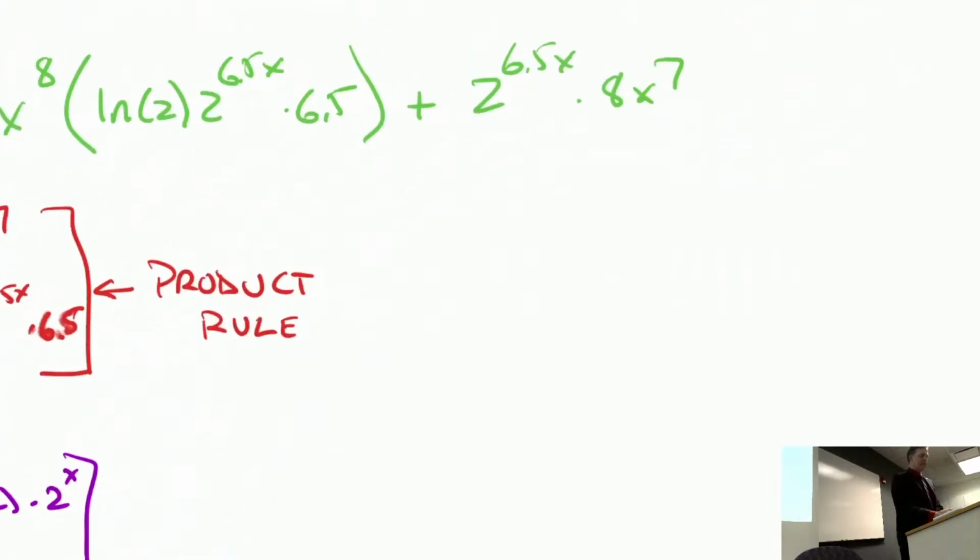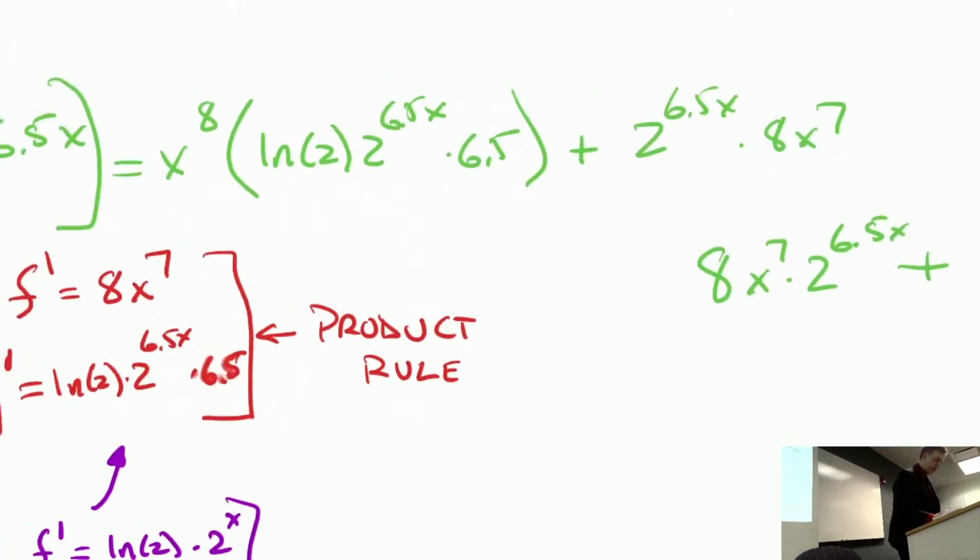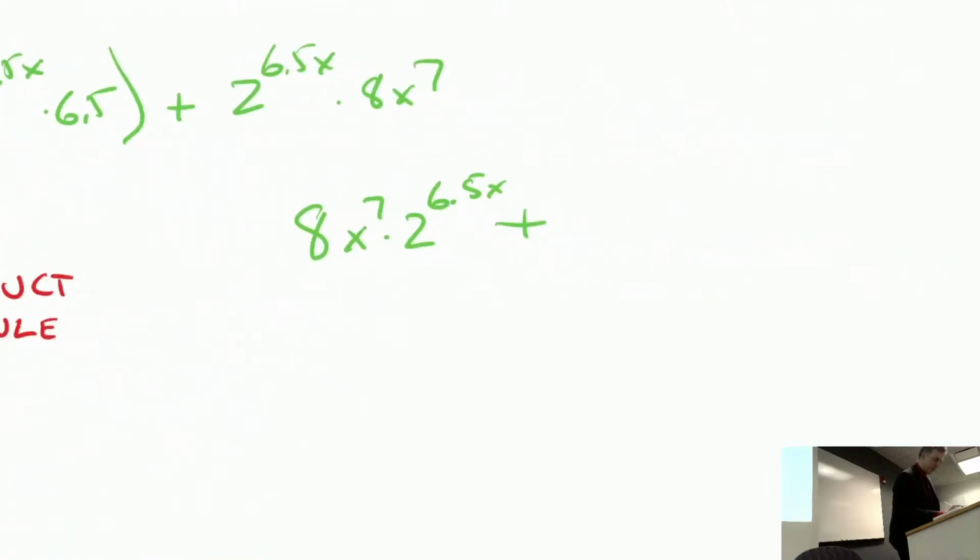And I realize I might have done that in a different order than you. In fact, I know I did, because I just looked at your thing. So let's write this 8x to the 7th times 2 to the 6.5x plus, let me rearrange all this, 6.5 natural log of 2 x to the 8th times 2 to the 6.5x. There. Is that what you typed in?